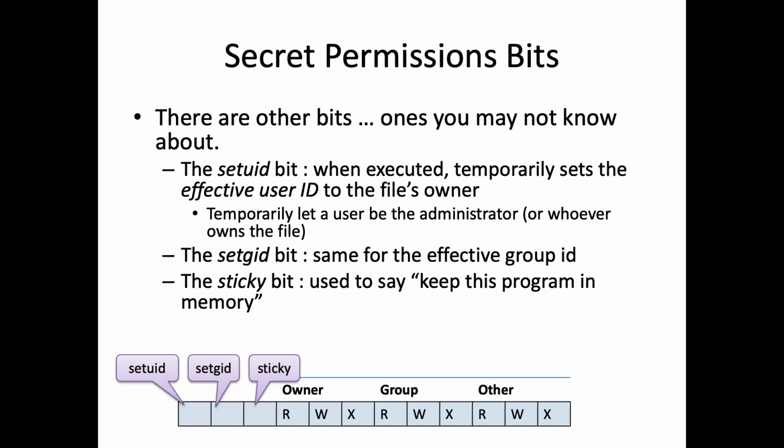But if it's set to 1, it tells the operating system, when you run this program, run it as if you were the owner of this file. This is a mechanism for selectively giving away elevated privileges when a user runs a program that's marked with a set UID bit.